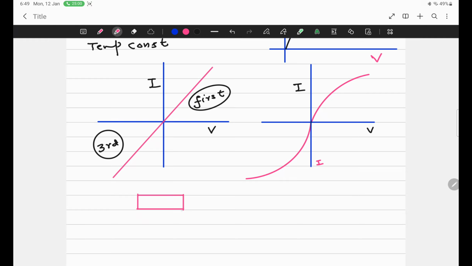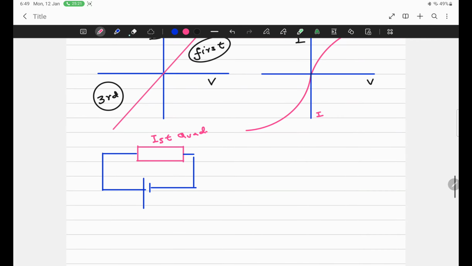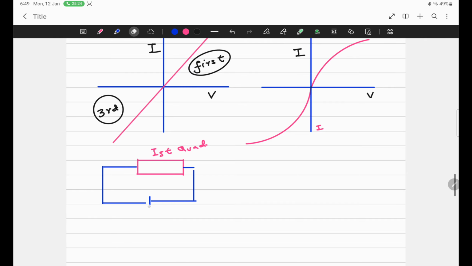Consider this is a fixed resistor and this fixed resistor is connected with a cell or a battery. Consider its graph we have plotted in the first quadrant. Okay, if we switch the polarity, initially it was positive, it was negative, but now it is negative, it is positive.